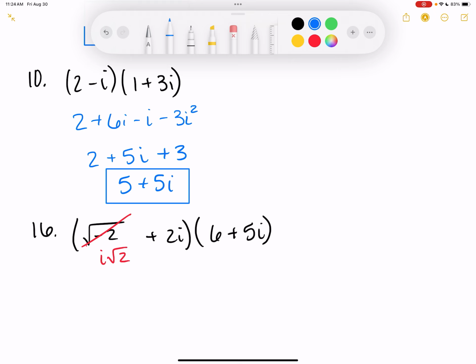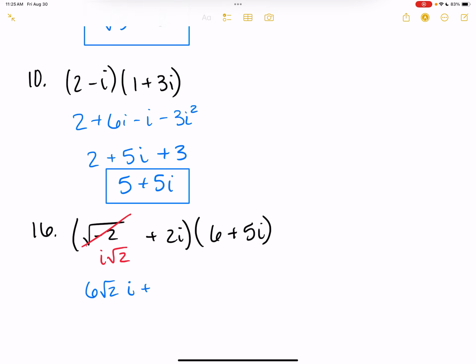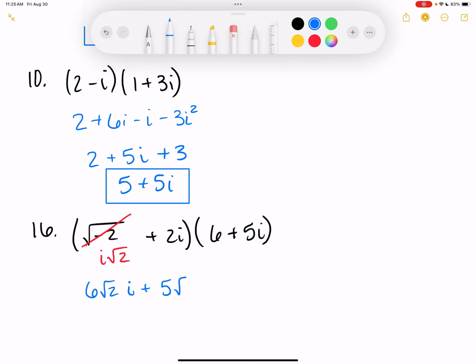So I'll get 6 root 2 and then plus 5i squared, or well, hold on, 5 root 2 i squared. So that takes care of both of those. Then plus 12i and then plus 10i squared.